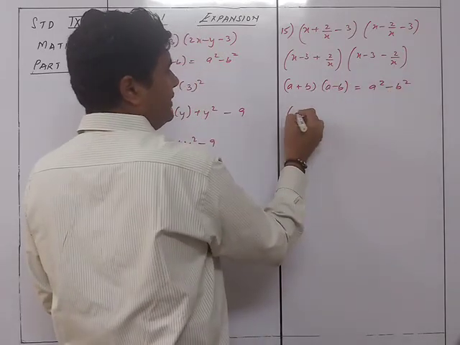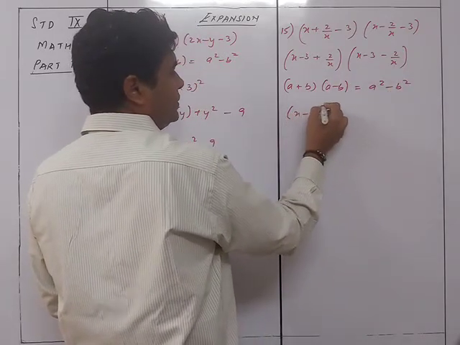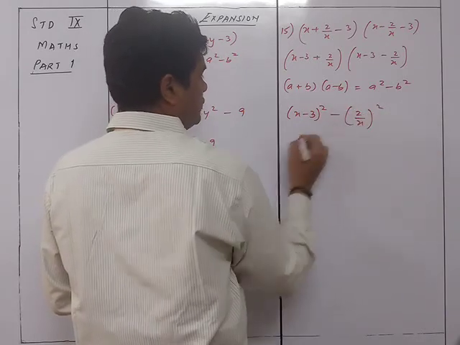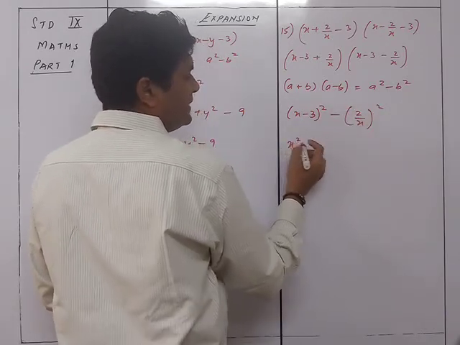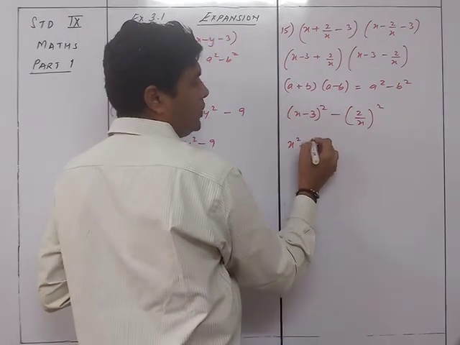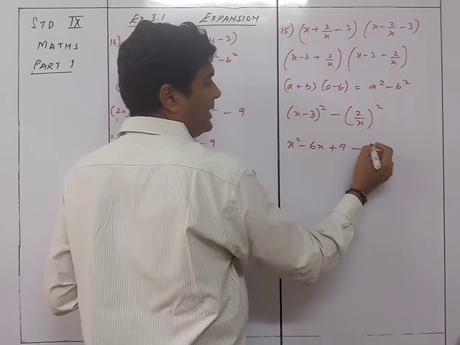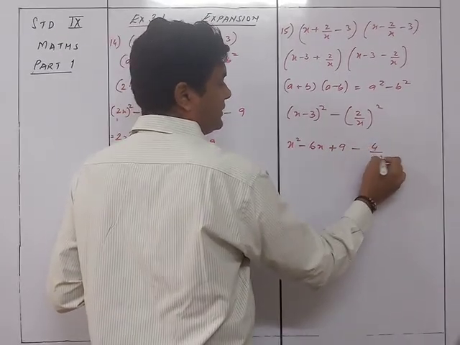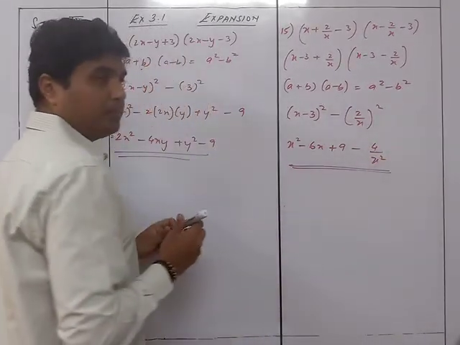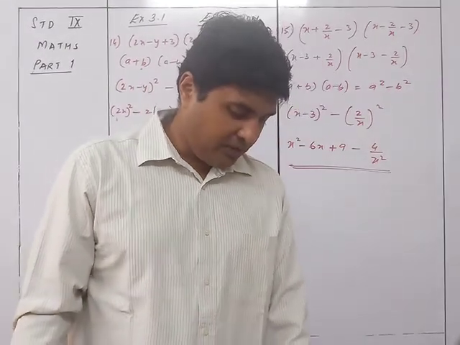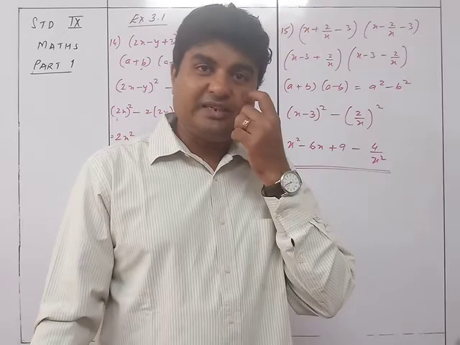So that is, what is a? (x minus 3) the whole square minus (2 upon x) the whole square. So this will become x square minus, this will be 2 into x into 3, so it will be 6x plus 9 minus 4 upon x square. So that's the answer for sum number 15. Okay, that was sum number 15. We move on to sum number 16 in the next video.